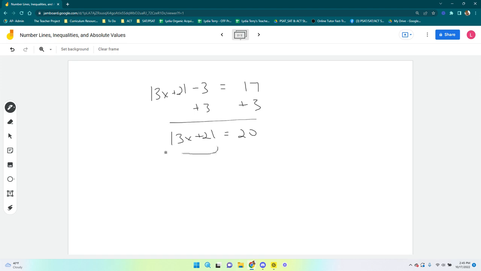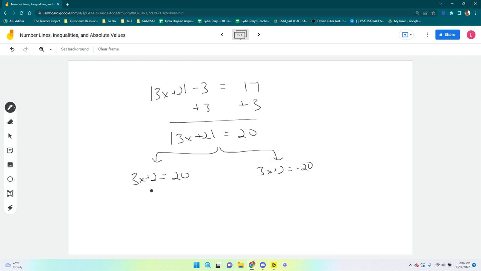Then you're going to create a system of equations, okay? Because there's 2 potential answers here. 3x plus 2 can be equal to positive 20, and 3x plus 2 can be equal to negative 20. That's literally what we're writing here. So there's going to be 2 answers. Just keep that in mind.